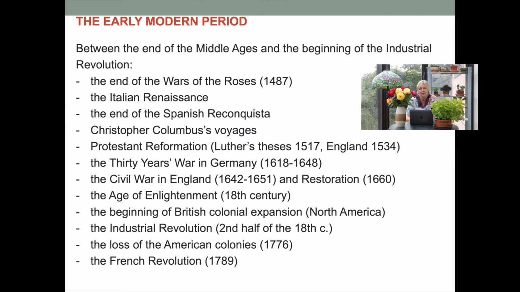This is before the unification of Germany. And in England, the Thirty Years' War in Germany, the Civil War in England, with Oliver Cromwell, followed by the restoration of monarchy, the Age of Enlightenment in the 18th century, and the beginning of the British colonial expansion, especially in North America, but later also in Asia. This is all happening in the early modern period.